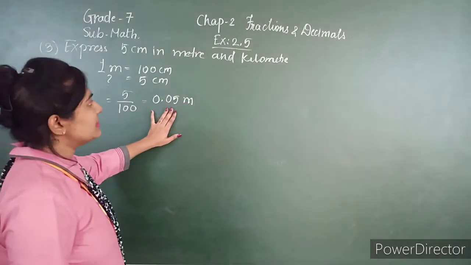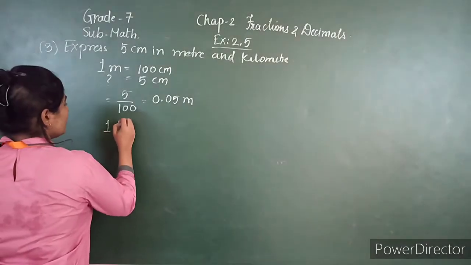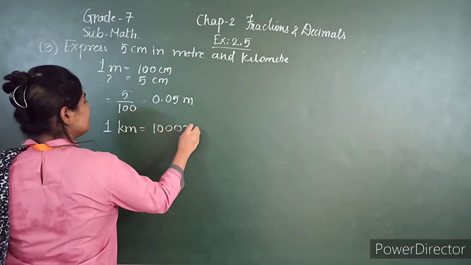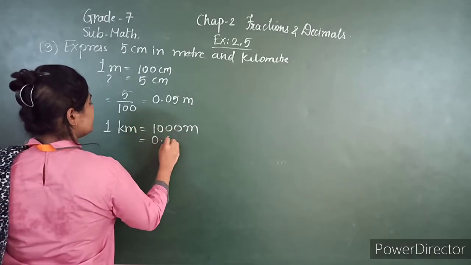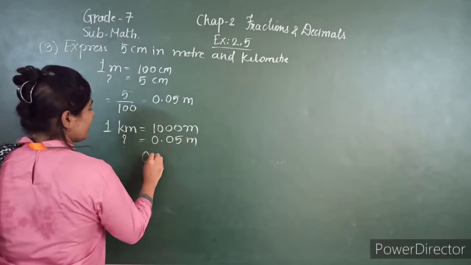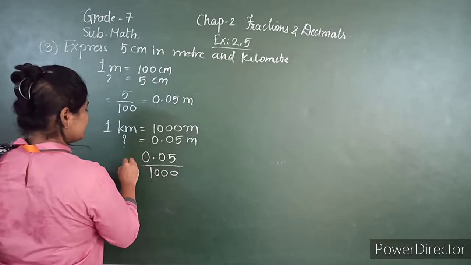Now we have to convert this meter into kilometer. So again write the identity. 1 kilometer is equal to 1000 meter. So 0.05 meter, it means how much kilometer? So we have to write 0.05 upon 1000.